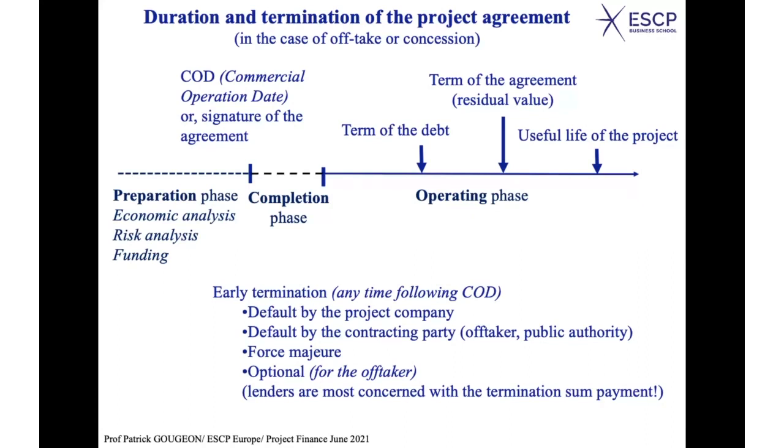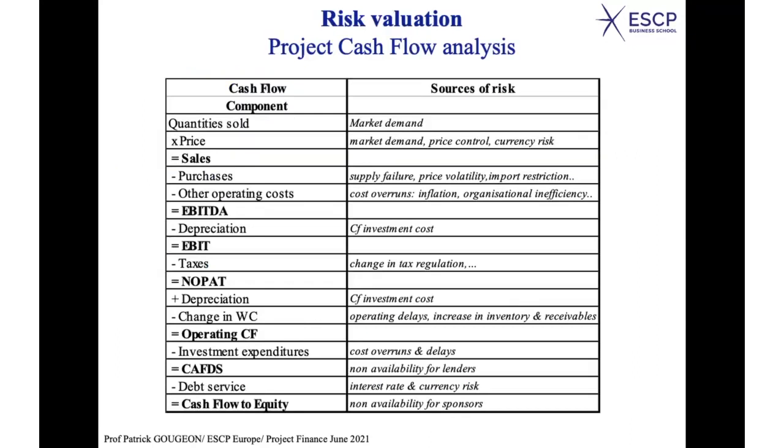Okay, so now we have the project cash flow. And if we now look at risk again, you see that for each line, what is most important for lenders in particular is the cash flow available for debt service, and also the cash flow to equity, which concerns the sponsors.